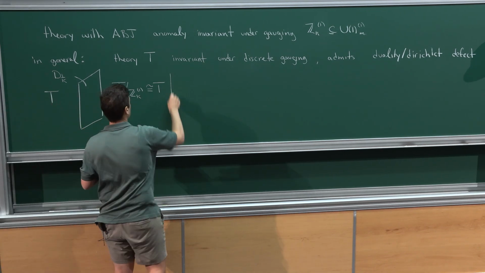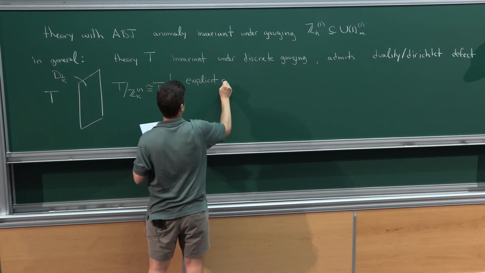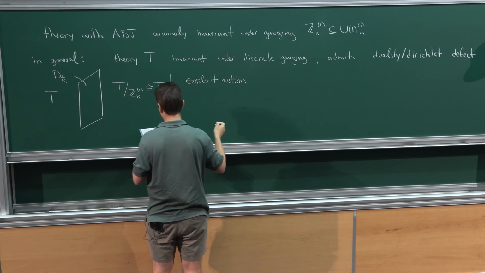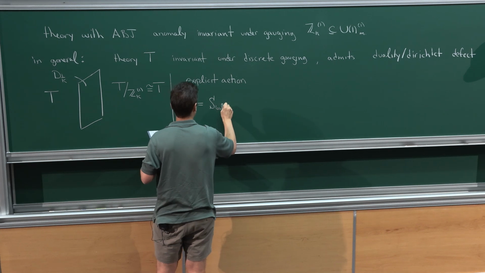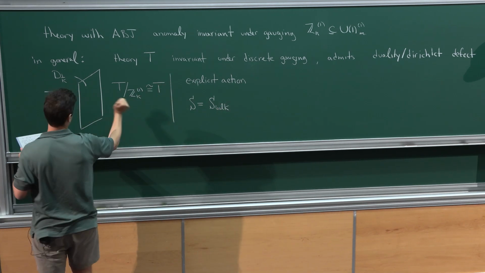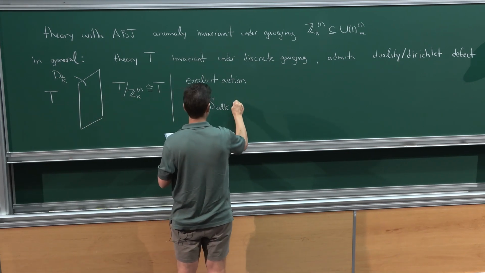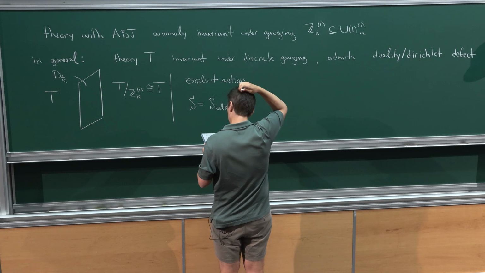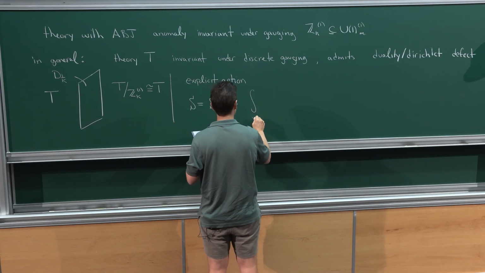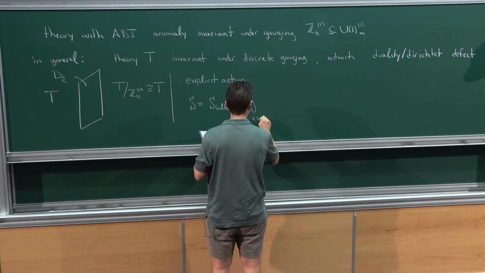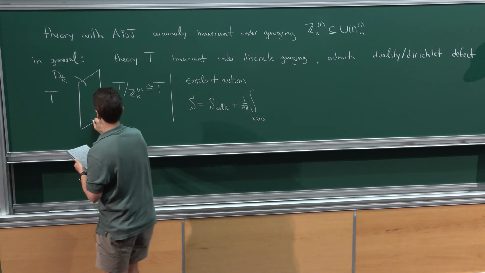Okay. So the explicit action, S is equal to S bulk, meaning whatever you have on the left and on the right, you just keep it. And then I'm going to put two terms. The first is the integral over x greater than 0. So this locus here will be x equals 0.